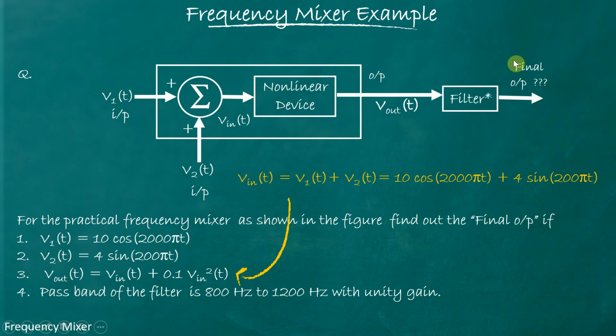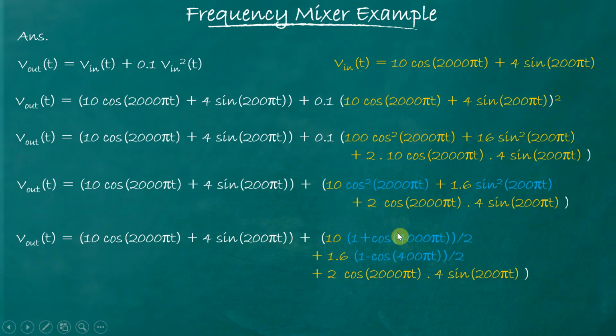So let's see again, similar to the previous discussion, we have v out(t) equal to v in(t) plus 0.1 v in square(t). Substitute v in here. When you solve this by substituting v in into this equation, consider (x plus y) whole square is equal to x square plus y square plus 2xy.